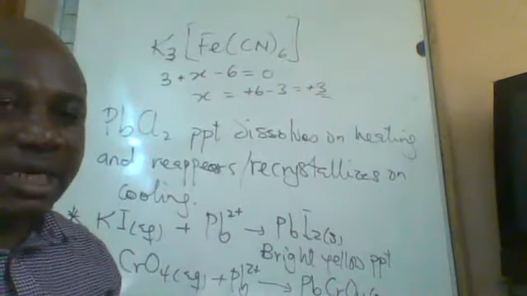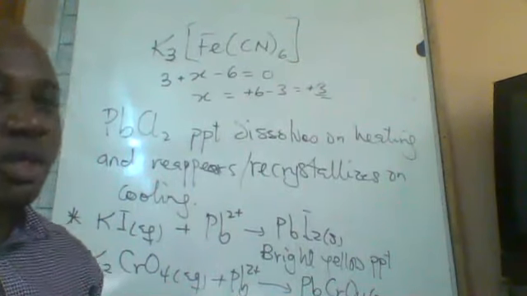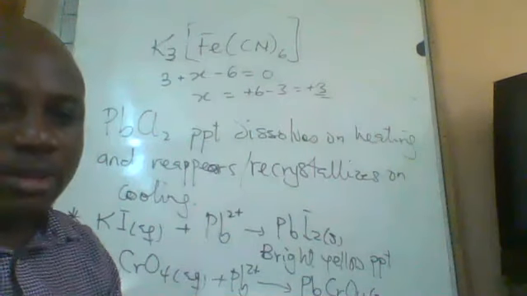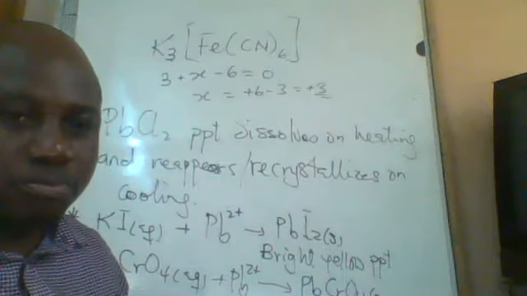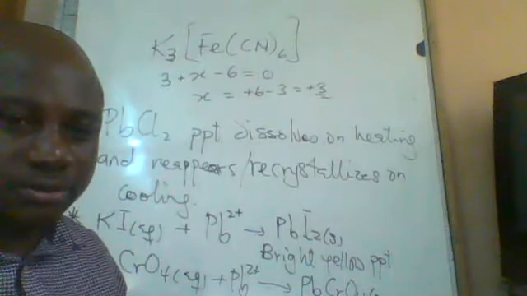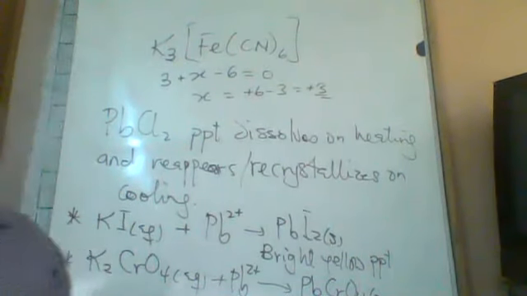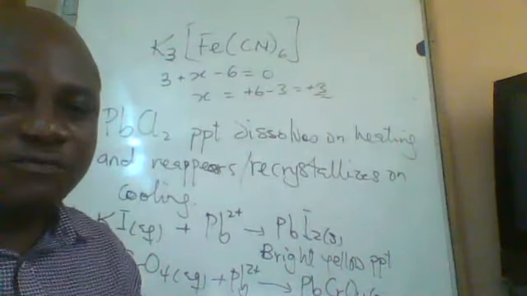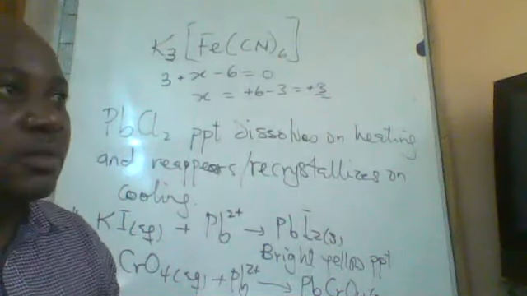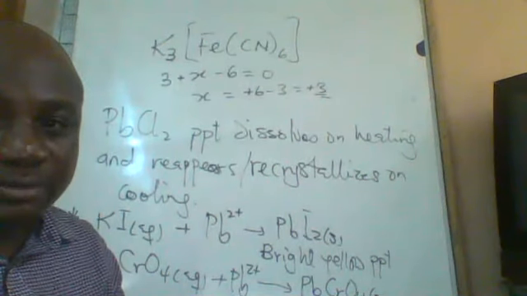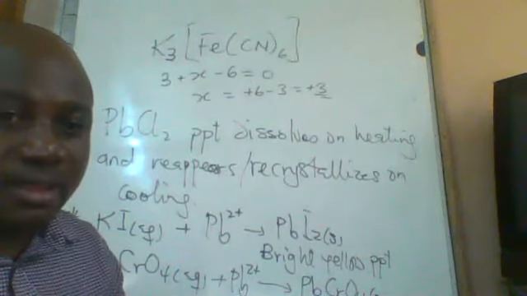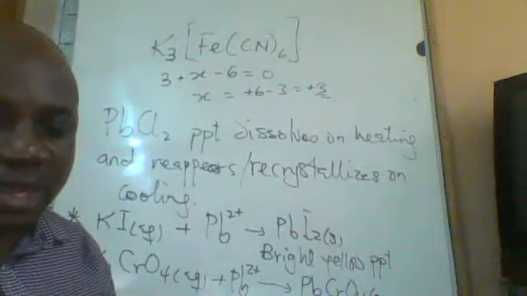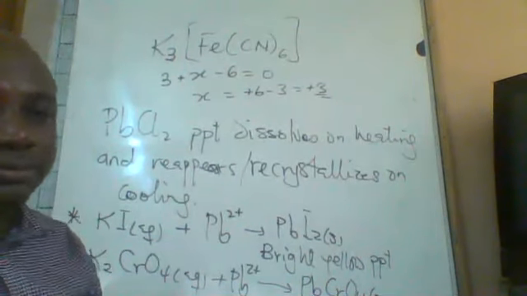So potassium hexacyanoferrate 3 solution. When you use that one, you are going to form the reddish brown PPT. So it means that copper 2 ions can be confirmed in 2 ways: by using dilute ammonia in drops and then in excess, and also by using potassium hexacyanoferrate 3.